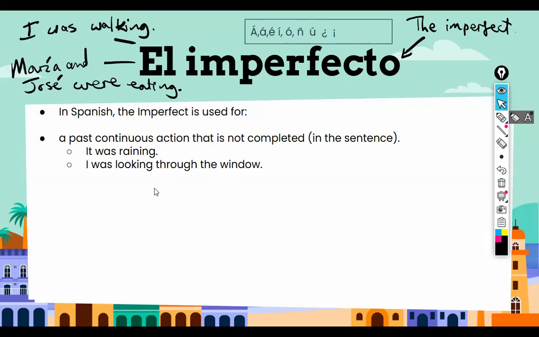It was raining. I was looking through the window. Right? So these are examples. I'm going to give you time to take down the first point and the examples. Some of you may have taken it down already, because the screen was up earlier. Now let's put in the Spanish.